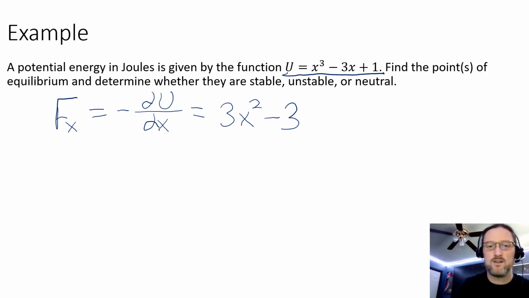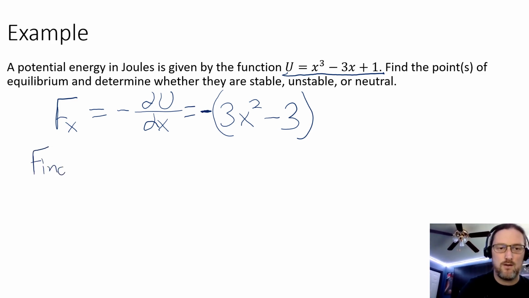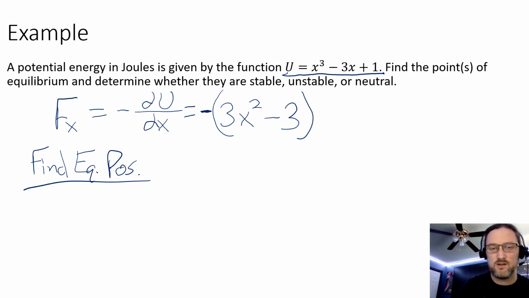So I take that, and I'm going to just put my minus sign that I almost forgot out front. What I really want to do to find the equilibrium positions is to set this equal to 0, but minus 0 and positive 0 are the same thing. So I'll just say 3x squared minus 3 equals 0.